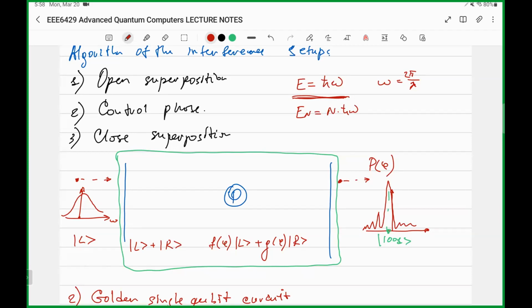What happens when you have a system that absorbs energy? What does it change, the frequency or the number of photons? It changes the number of photons. The frequency doesn't change.